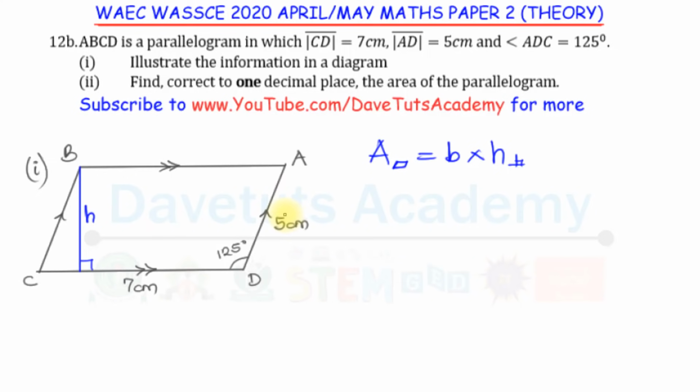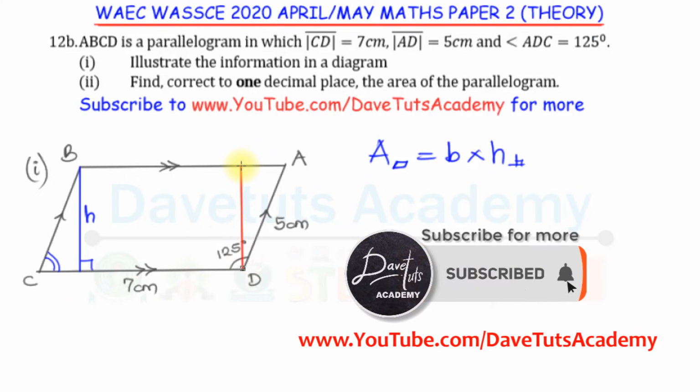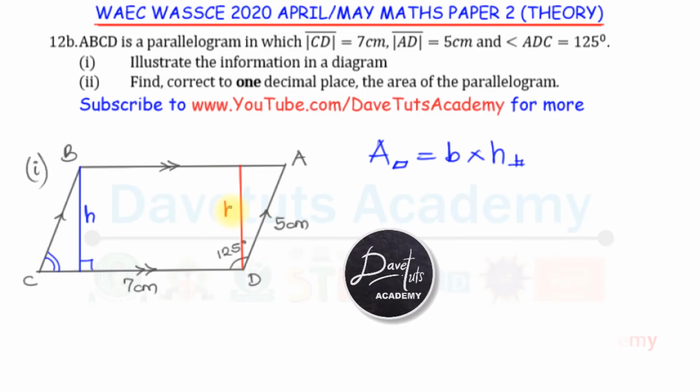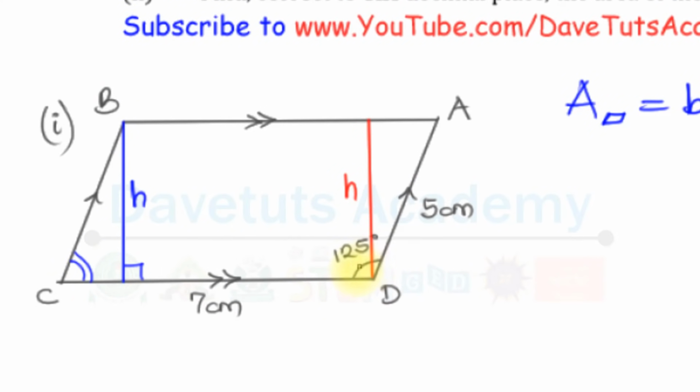Now there are two particular ways. We can evaluate it from here to try and find this particular angle and then sort it out, or we can bring it here, which is what I want to do. I can say here, this is also going to be my height. Okay, and I want to show you a beautiful symmetry here. Now this angle at D we're given to be 125, but I'm looking for a right angle here.